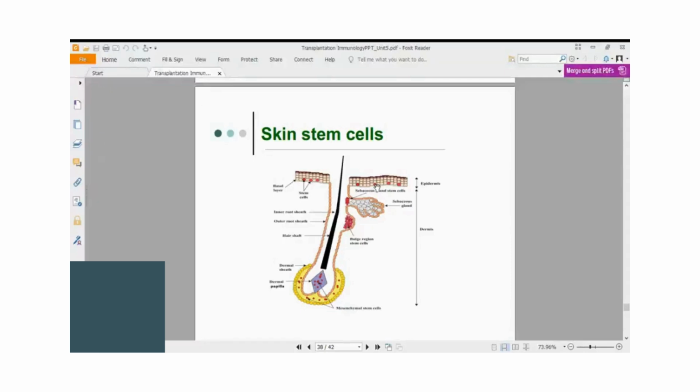You can grow in vitro, using the epidermal stem cells of the skin of a person, large sheets of multi-layered epidermis, and that sheet grown in vitro can be transplanted onto another individual, and that transplant is accepted.